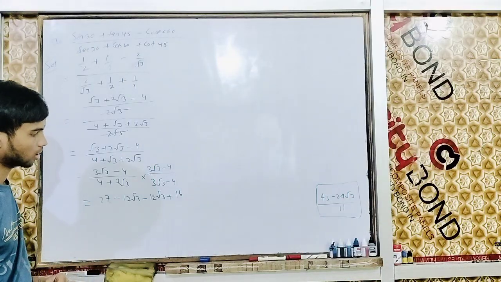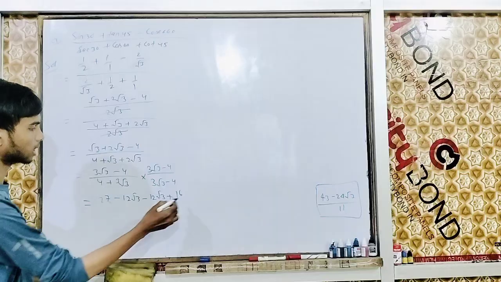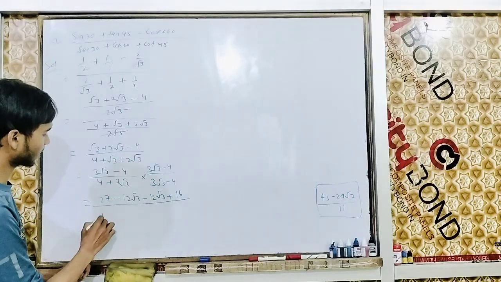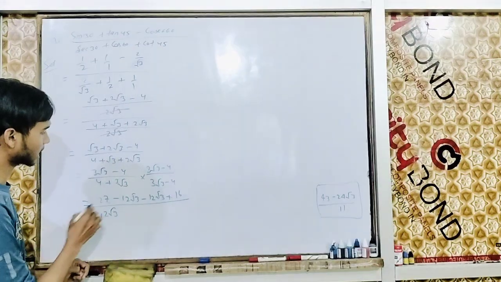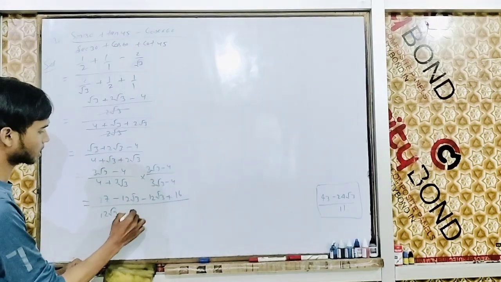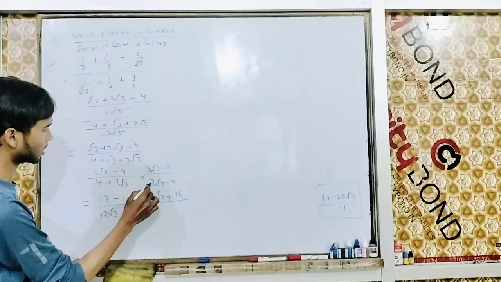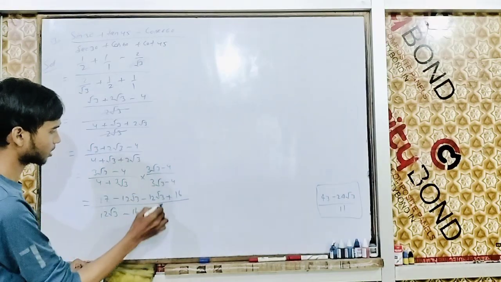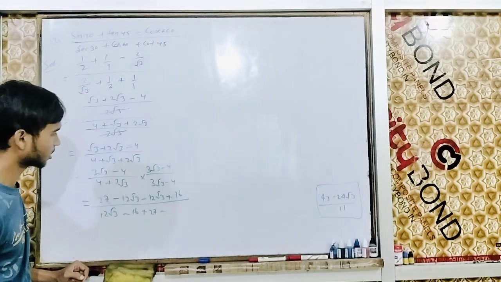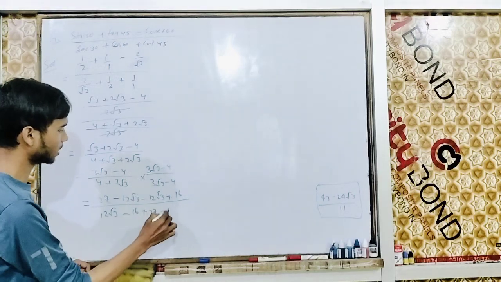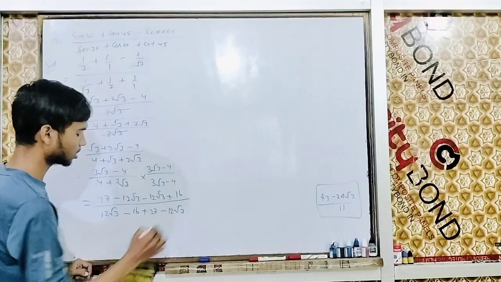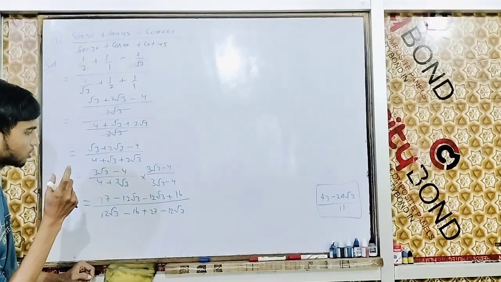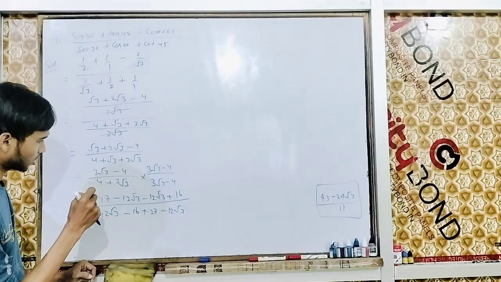If you are not applying algebraic identity, now in the denominator 4 3 is a 12, root 3 as it is, minus 4 4 is a 16, then plus 3 3 is a 9, 9 3 is a 27, then plus minus. Now here you can see 4 3 is a 12 and root 3 as it is. Look at here carefully. You will observe something crazy.